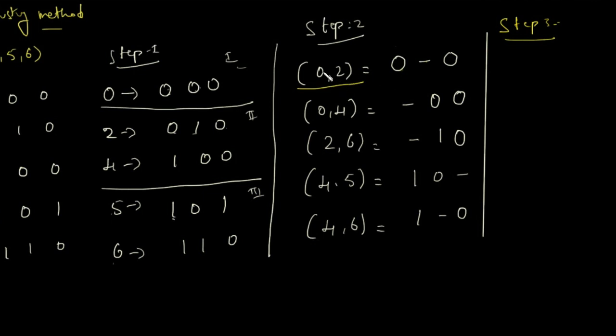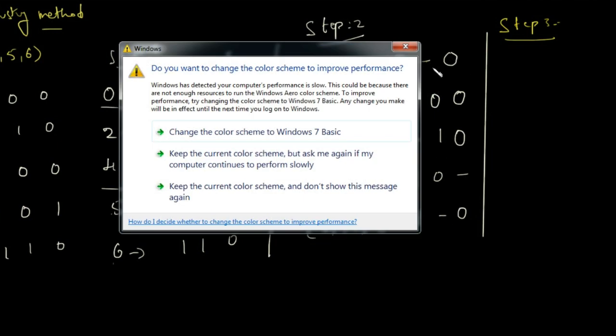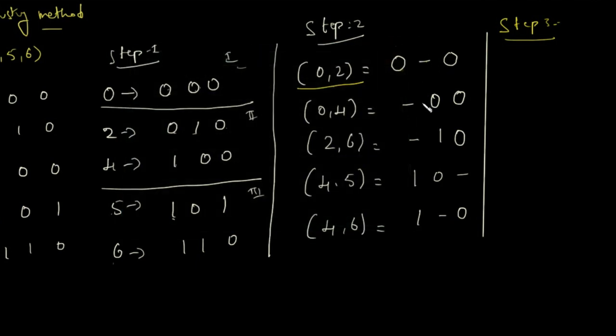Now you compare the last one, 0 comma 2 with 4 comma 6: 0 1 bit change, dash dash no change, 0 0 no change. So we can come to the conclusion that 0 comma 2 and 4 comma 6 are a group. These 4 numbers can form a group, right?